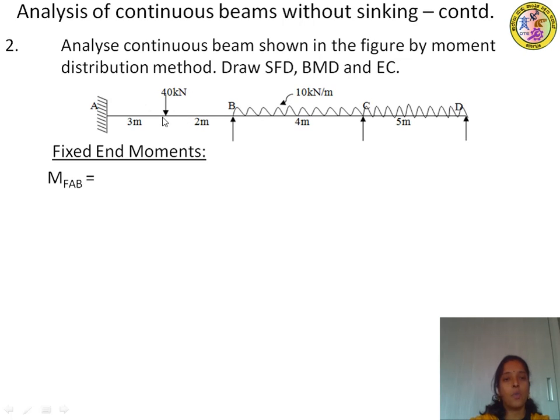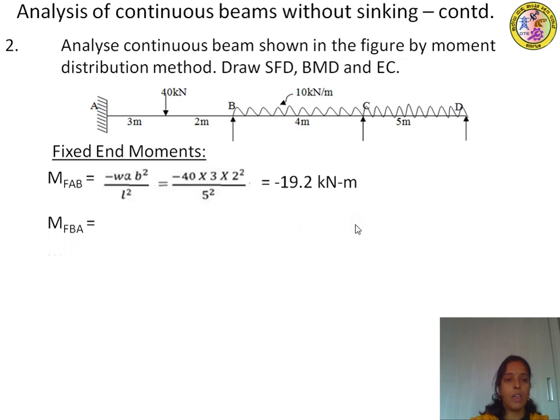To calculate MFAB, the equation is minus WAB square by L square, where W is the load magnitude, A is distance of the load from left end 3 meter, B is distance of the load from the right end 2 meter and L is span of the beam. Substituting, it becomes 40 into 3 into 2 square by 5 square, which is minus 19.2 kilonewton meter.